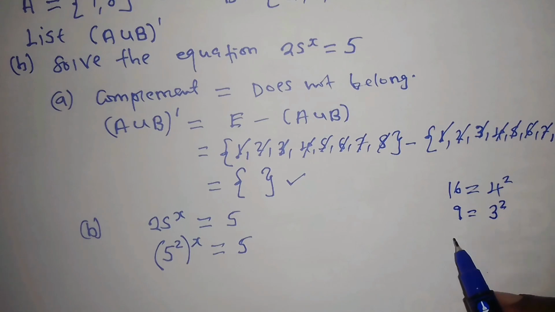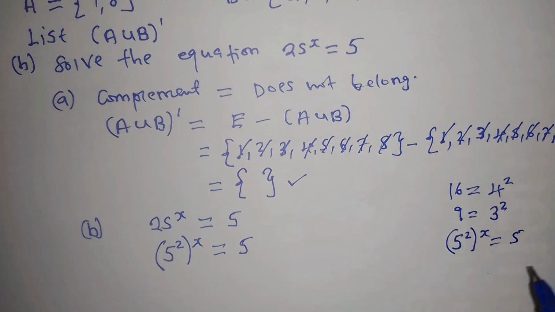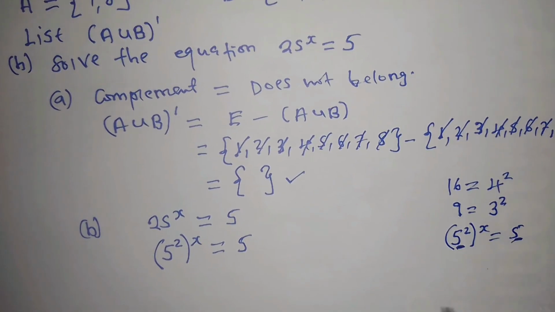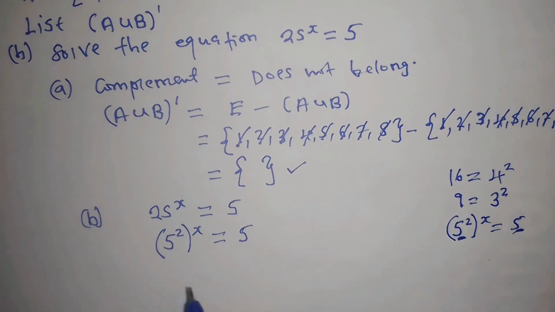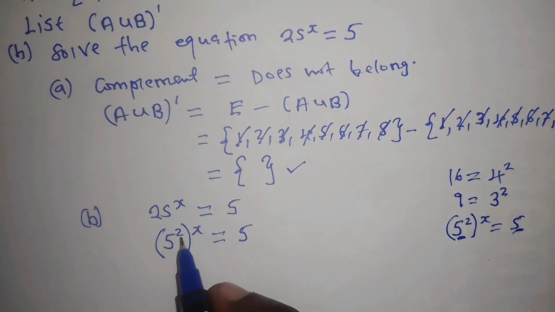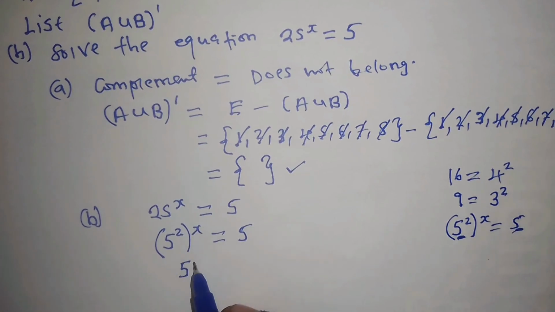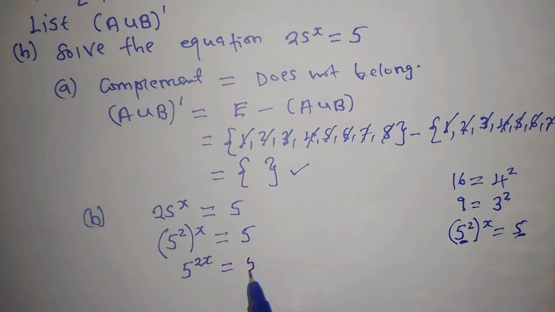So what you have now is 5 to the power 2x, and this equals 5. Both bases on both sides are equal, and this is what we have just done. So from there, this 2 will multiply with x, so 2x equals 5.